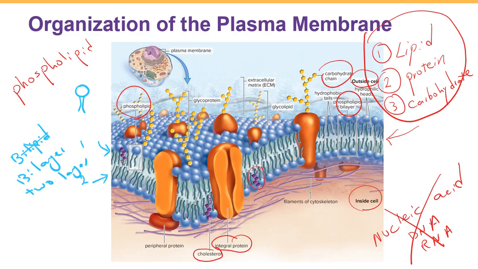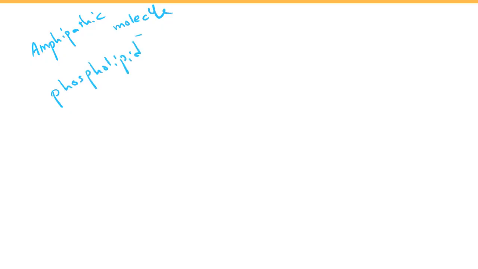If you remember, when we talked about the different types of molecules, we said we have the amphipathic molecule, and the phospholipid is an amphipathic molecule.